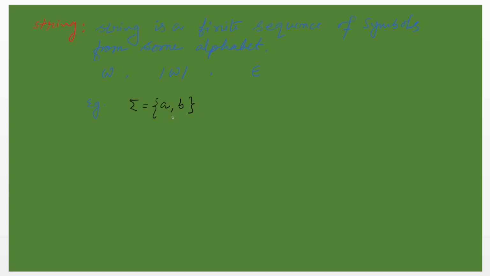Obviously the strings over this alphabet can be AA, AB, BA and BB, each of length 2. So the number of strings here is 4.